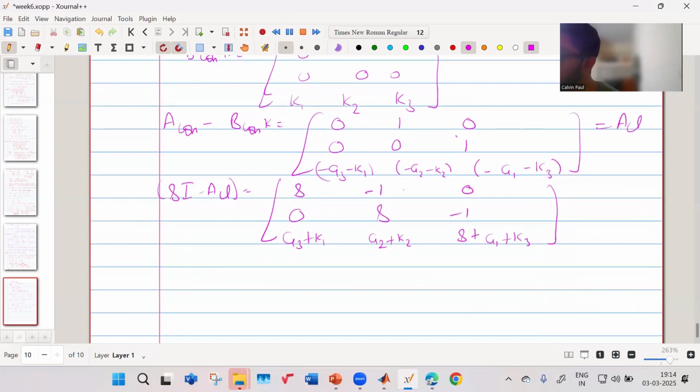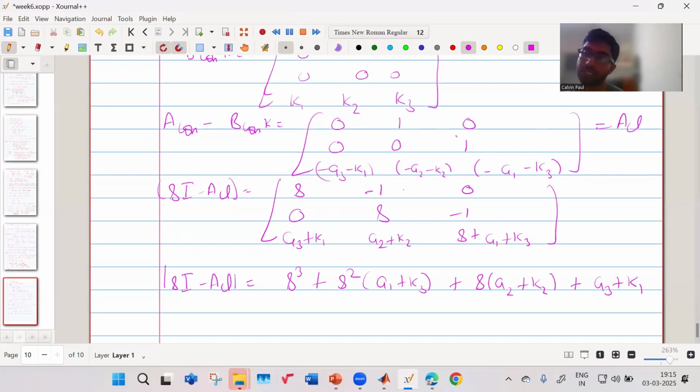If you simplify further, you find sI minus A closed loop comes out to be s cube plus s square into (a1 plus k3) plus s into (a2 plus k2) plus (a3 plus k1). So it comes out in this format, which becomes easier for you to solve. I would recommend this approach to make it easy.